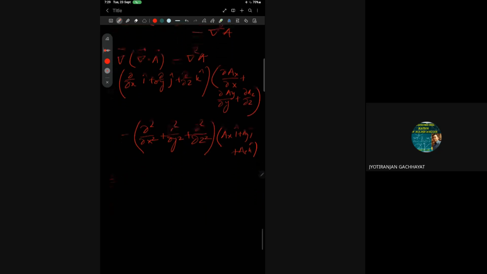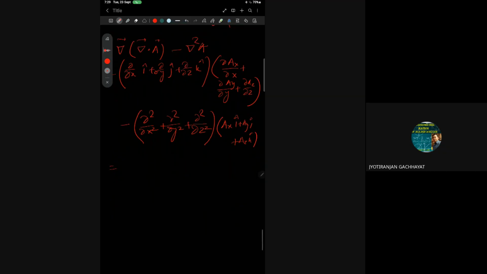If we operate, what do we get first? The i cap component of the first term: del square ax by del x square plus del square ay by del x del y plus del square az by del x del z.